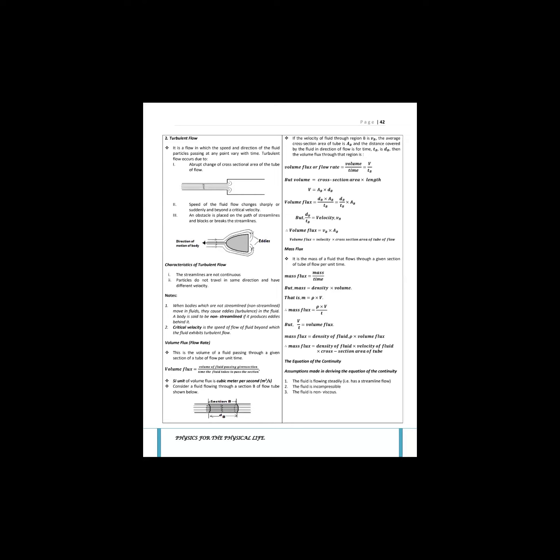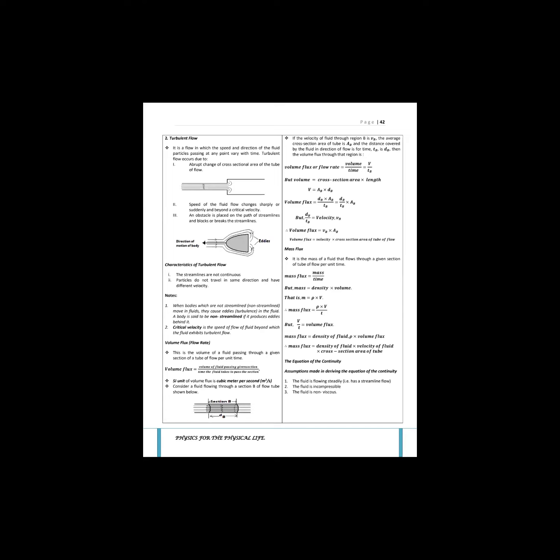You can also be asked to state Bernoulli's effect or Bernoulli's principle. That is somewhat theoretical. You can also be asked to solve some numerical problems here, and it can take more than 8 marks in section 2, because we'll ask the volume flux, the mass flux, and some applications there.